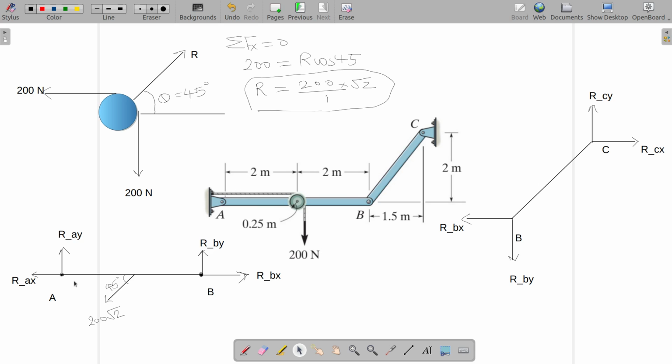So now it seems we have two systems here, AB and BC, and how many unknowns in total? 1, 2, 3, 4, 5. No, RBX and RBX are same. So I'll just write down the unknowns. I think it's easier that way.